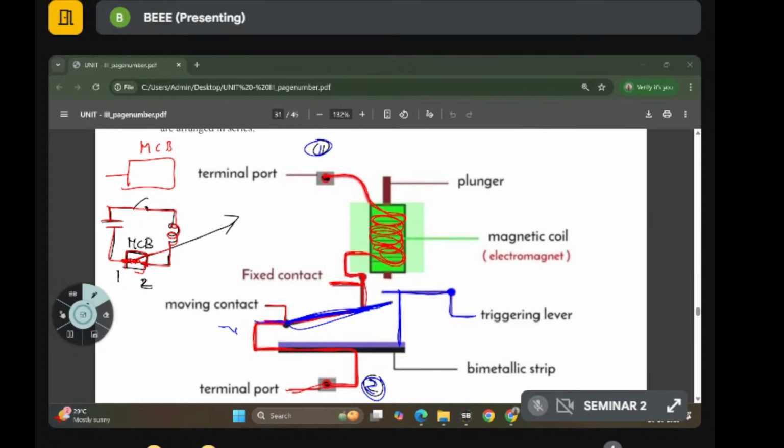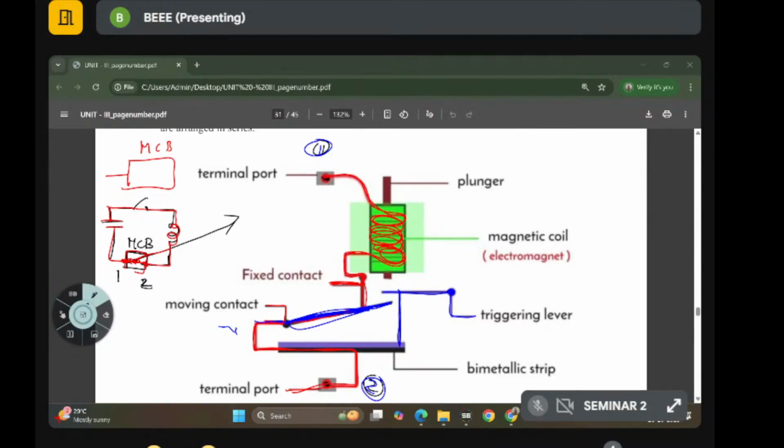This magnetic coil gets magnetized. Whenever abnormal condition occurs, current through the circuit increases. Okay, that is the first one. Whenever current rises, the magnetic coil gets magnetized.